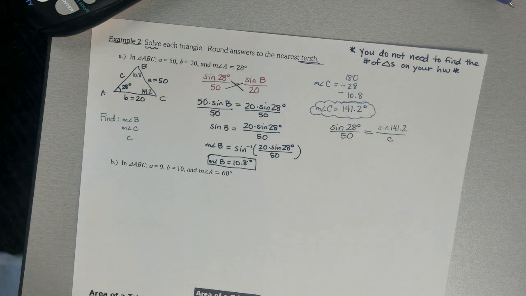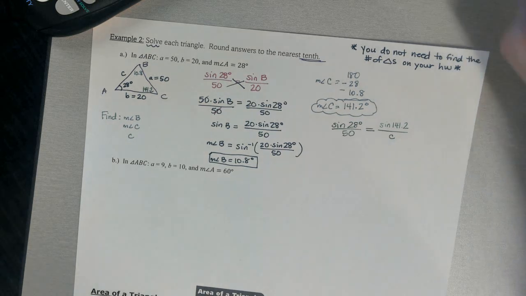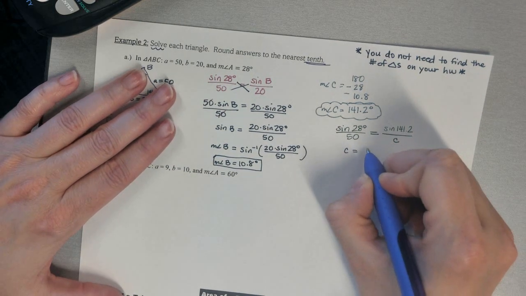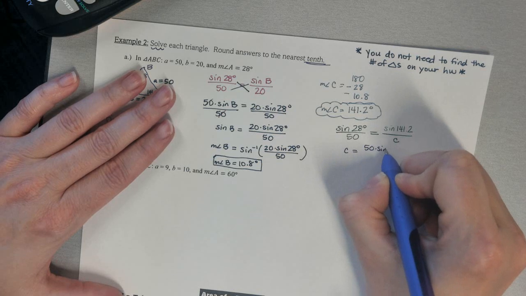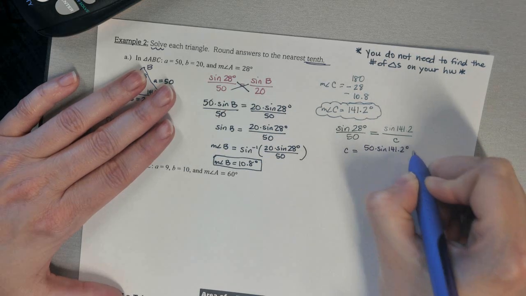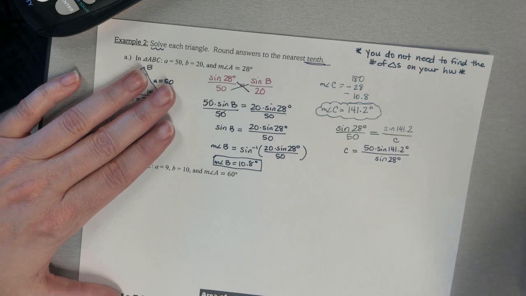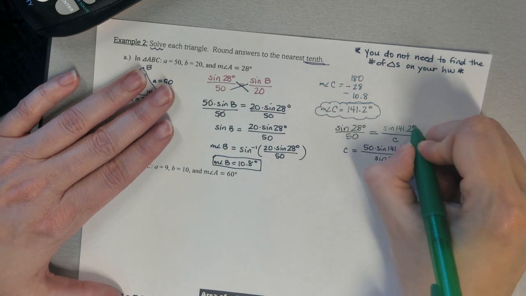Now you only use the inverse if you're solving for an angle. This is a side length, so because it is a side length, we're just going to cross multiply: 50 times the sine of 141.2 degrees divided by the sine of 28. Go ahead and calculate that.